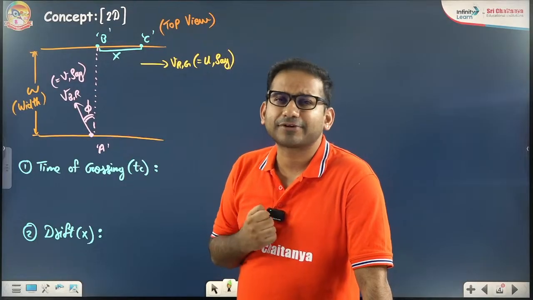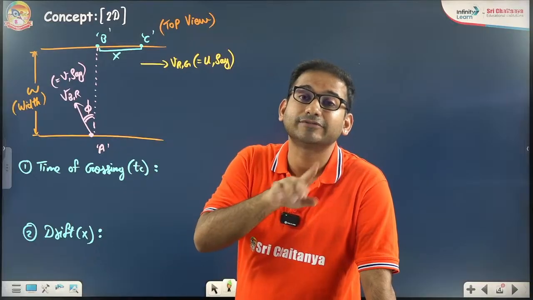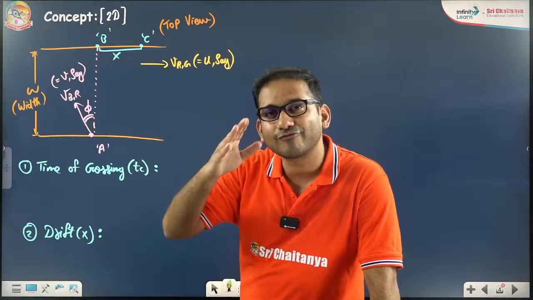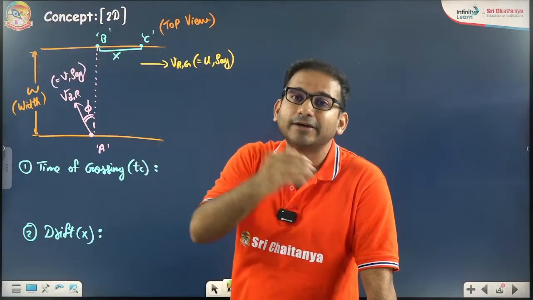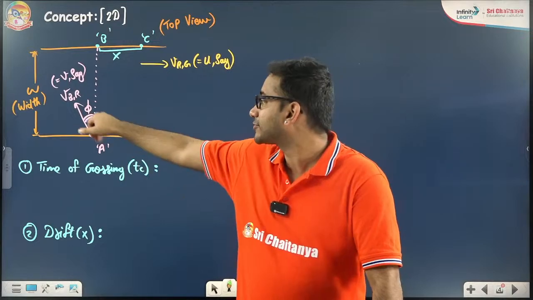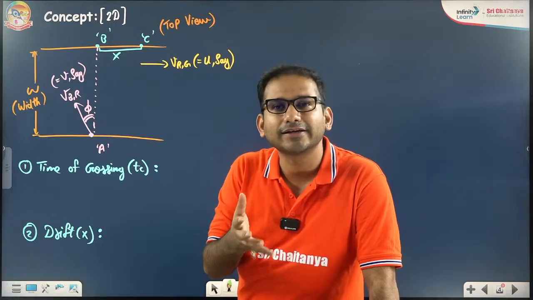Another thought that strikes is, sir, why are you interested in the velocity of the boat or the swimmer with respect to ground? Because the boat or the swimmer has to go from one bank to another bank, one point to another point. So these 2 points, the point of start and the finishing point, these 2 banks, are nothing but on the ground.